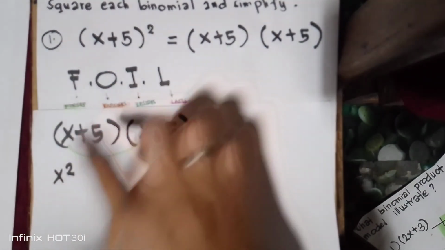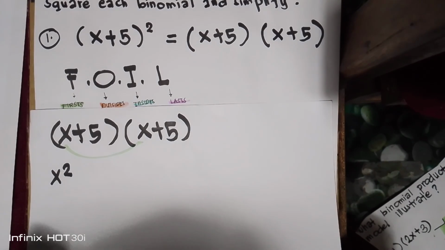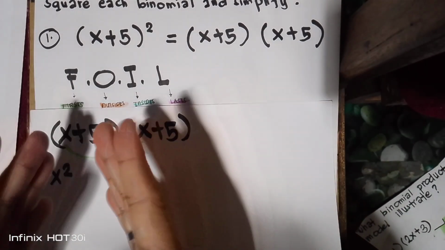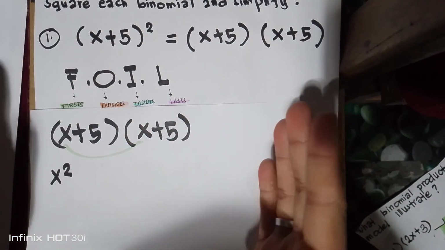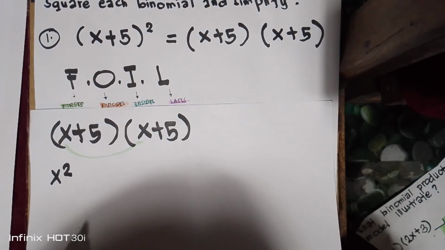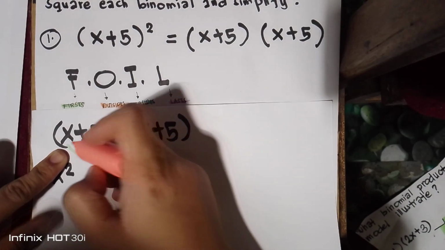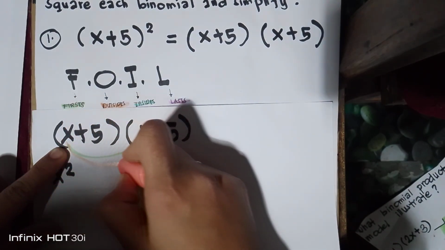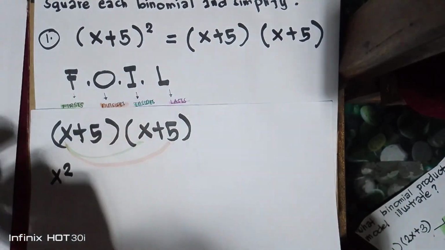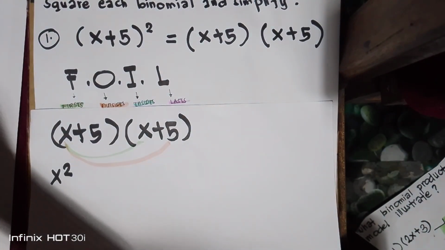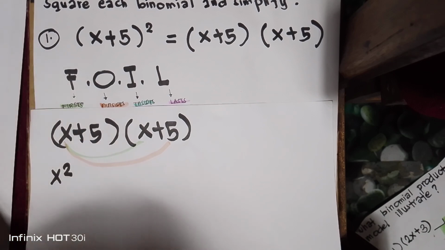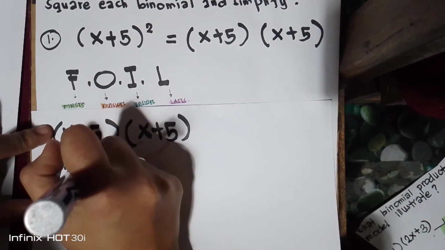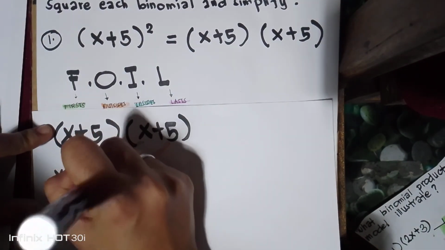Next is the outsides. The outsides are the terms that are found outside. So we have x and 5. Multiply x times 5, the result is 5x.